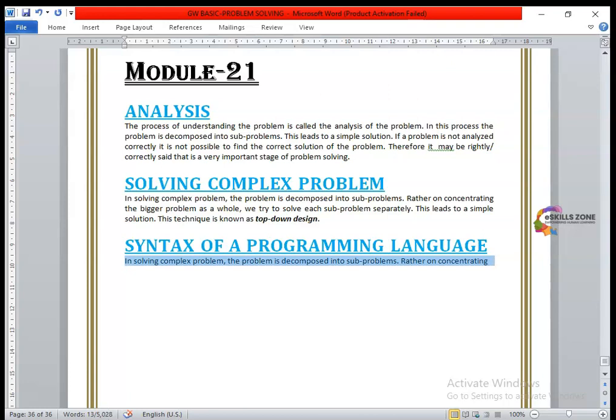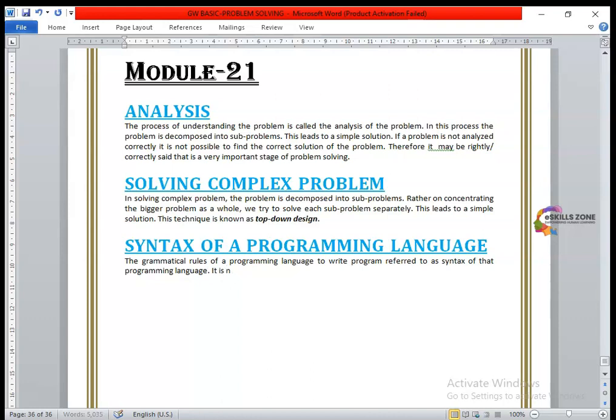So we can define it: the grammatical rules of a programming language to write a program are referred to as the syntax of that programming language. It can be any programming language like C, Java.